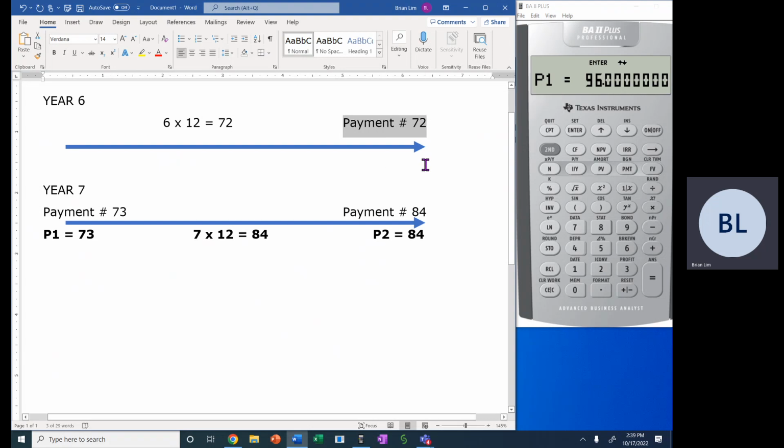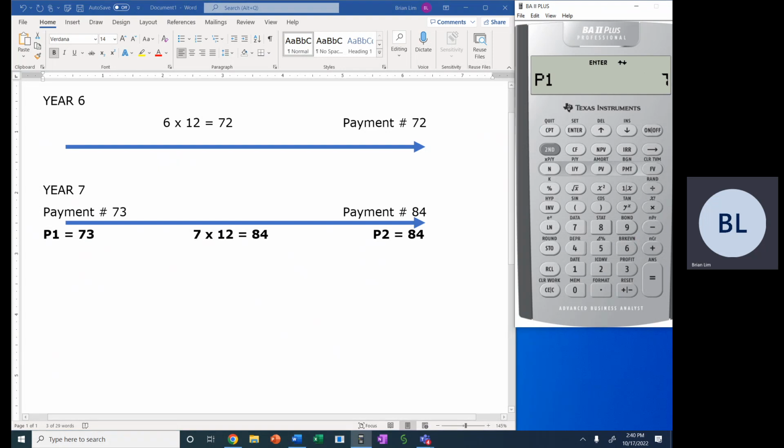So that's the end of year 6. So the beginning of year 7 will start with the 73rd payment. So the values for P1 and P2 will be 73 and 84 respectively, or P1 is equal to 73.